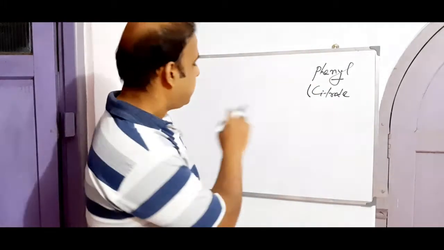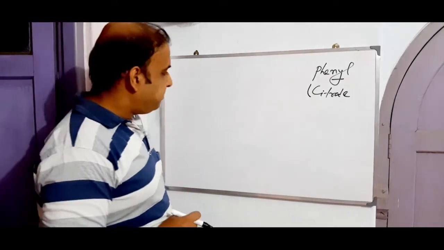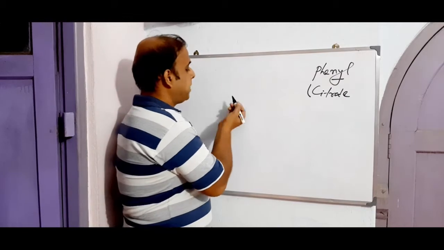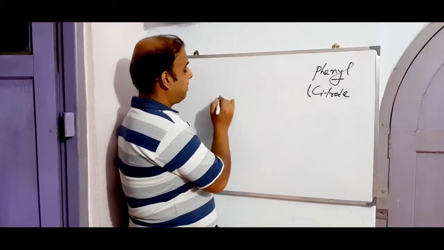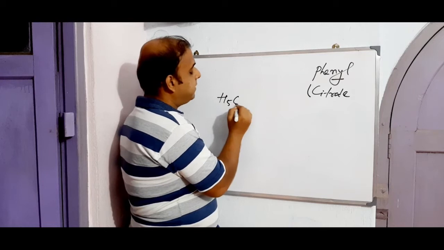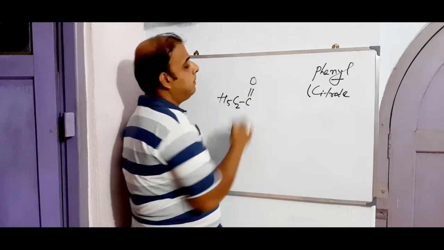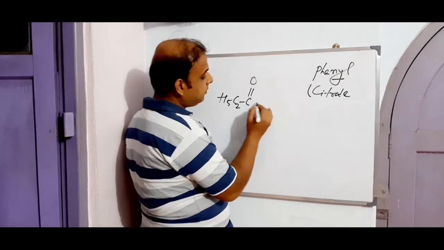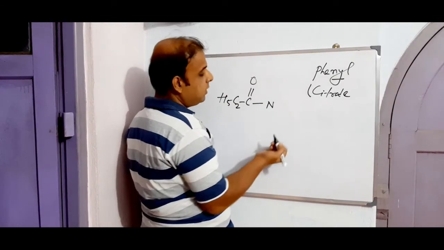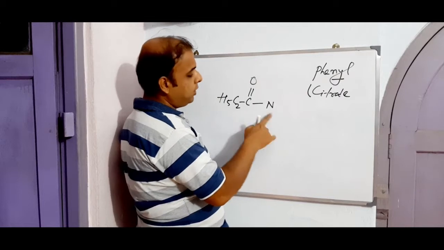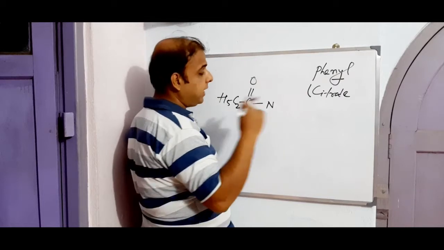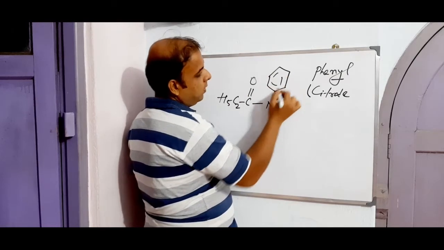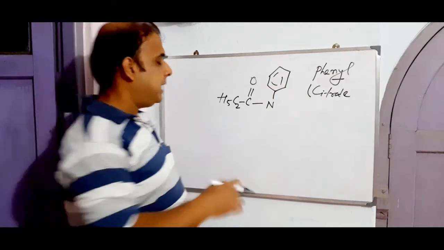Now let's move on to the structure. What about the structure? The structure is something like this. We have H5C2, then C double bond O, then we have a nitrogen. So we have got an amide. To this nitrogen, one phenyl has already been inserted.